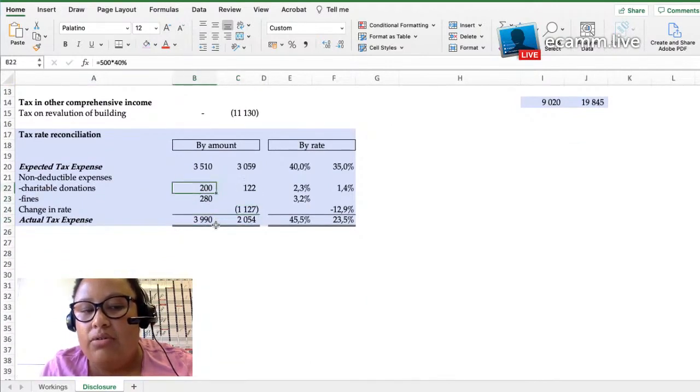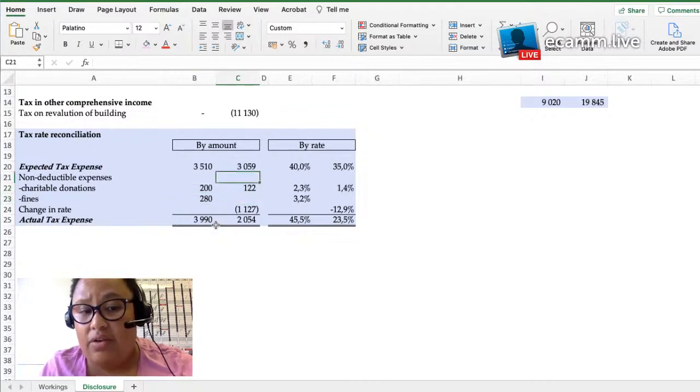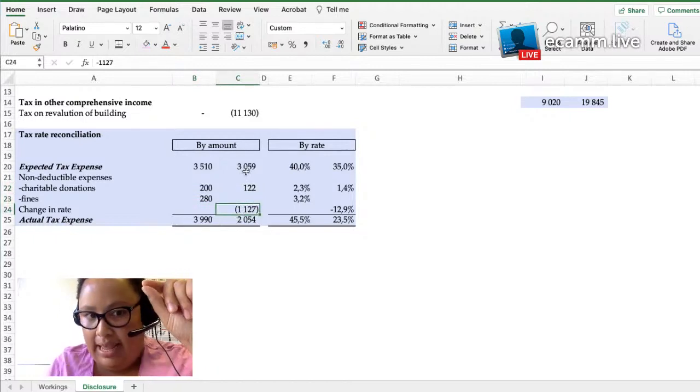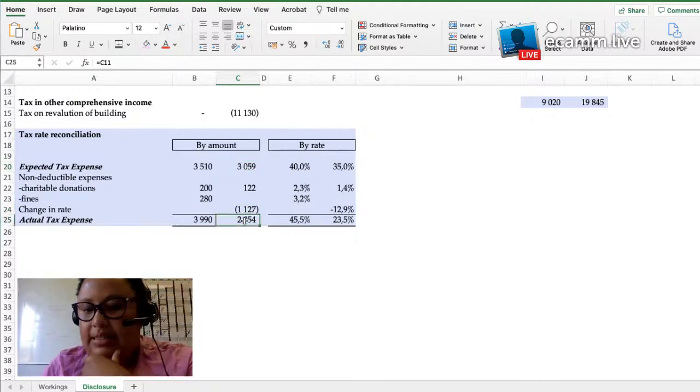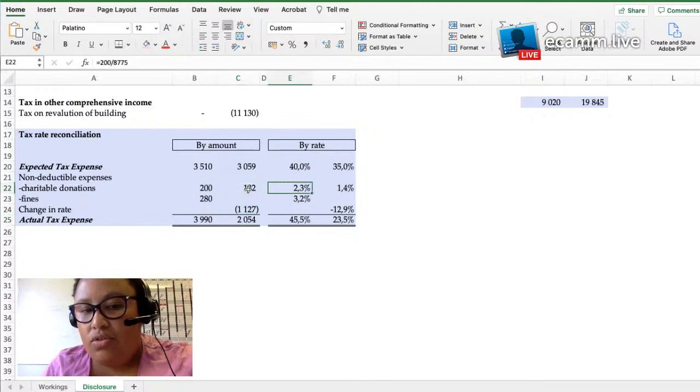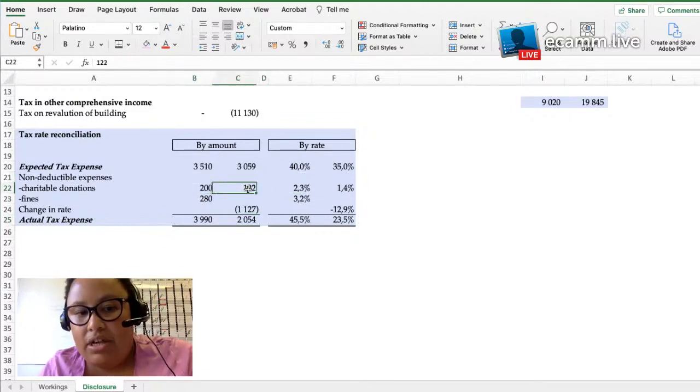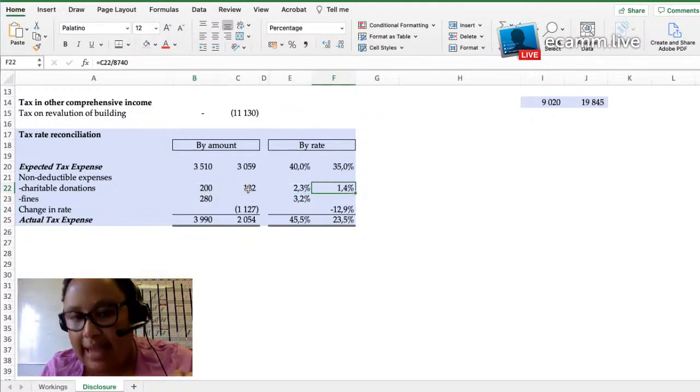We used our deductions from the current tax calculation, applied the tax rates, and reconciled. We also had to account for the change in the tax rate, because it's not in my starting point but it is in my end point. How do I get from here to the recon? I take these amounts and divide them by the accounting profit before tax. Can you see that?